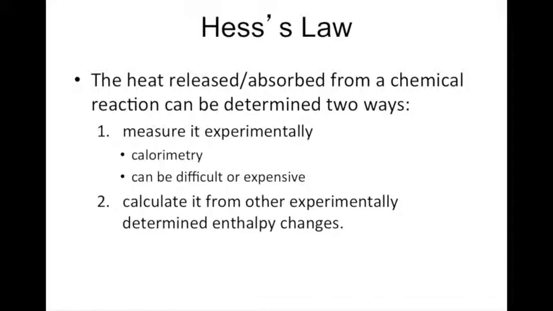Another way is to calculate the heat that's released or absorbed mathematically. We can calculate it from other experimentally determined enthalpy changes. To do this, we use the method called Hess's law.